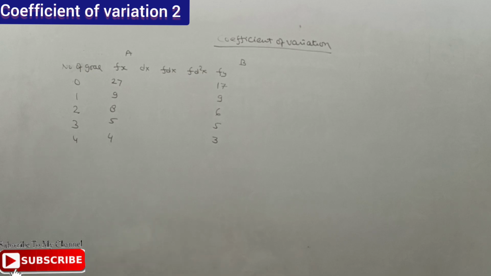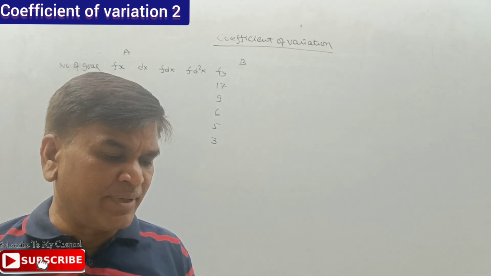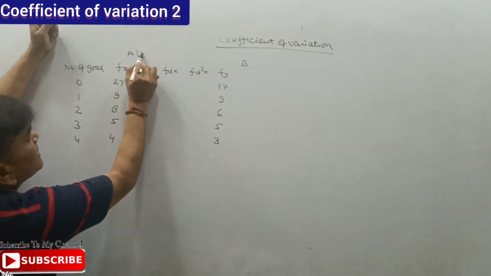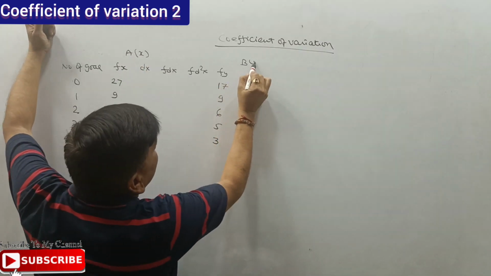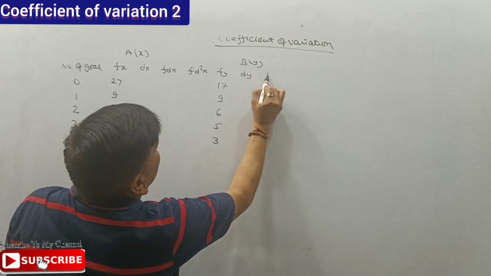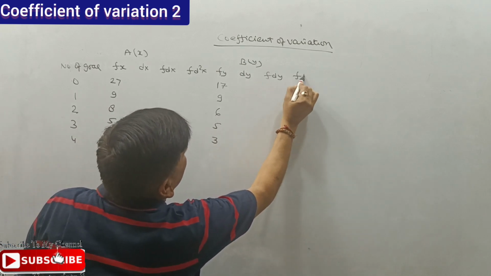Find which team may be considered to have more consistency. A team we treat as X and B team as Y. So we get dy, d square y.